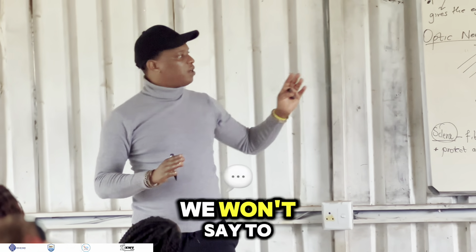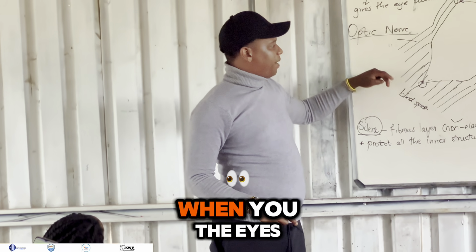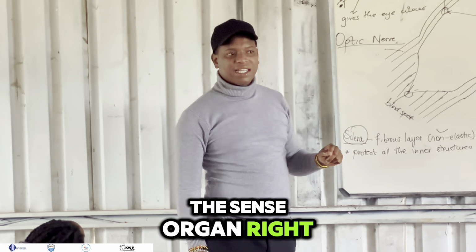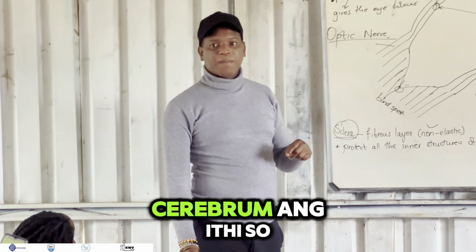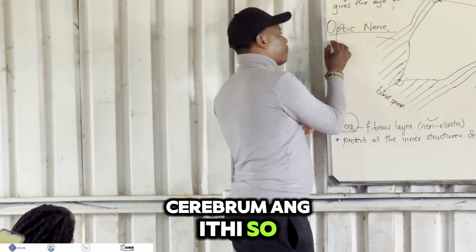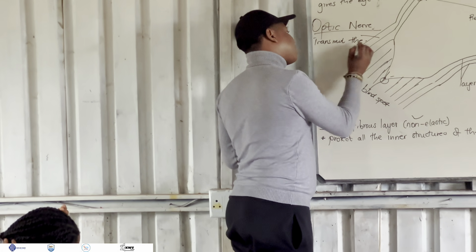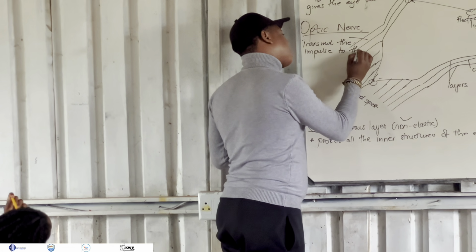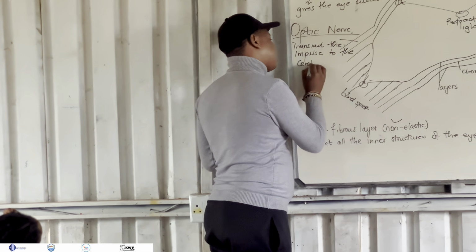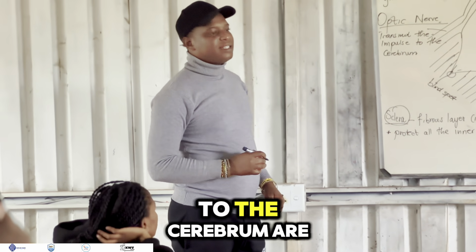But in this case, we won't say to the brain because we know exactly where. Mind you, the eye is a sense organ, so all the senses are interpreted in the cerebrum. So it transmits the impulse to the cerebrum.